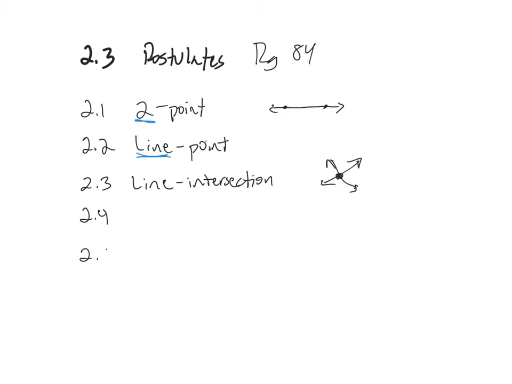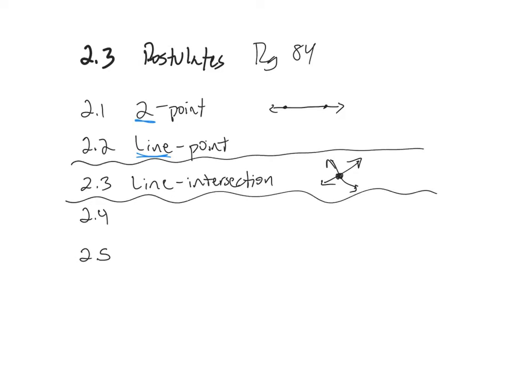2.4 and 2.5 go together, so I'm going to kind of section these off a little bit. 3 points postulate, and then plane point postulate. Through any 3 non-collinear points, there exists one plane. Or if you have a plane, then you have 3 non-collinear points.